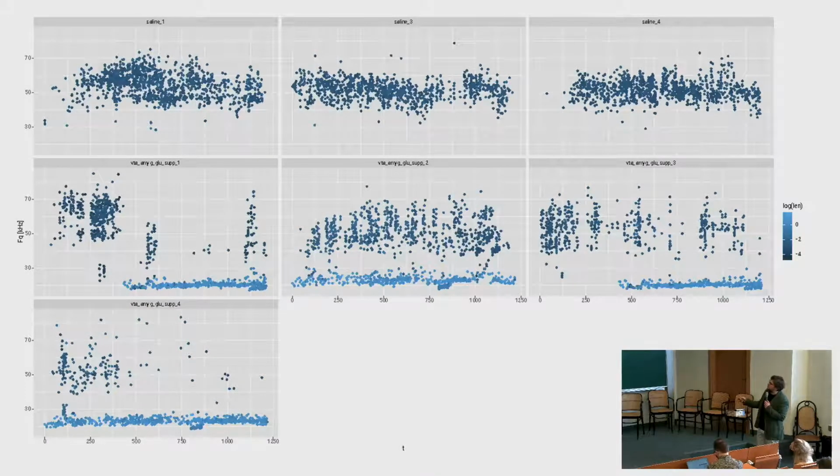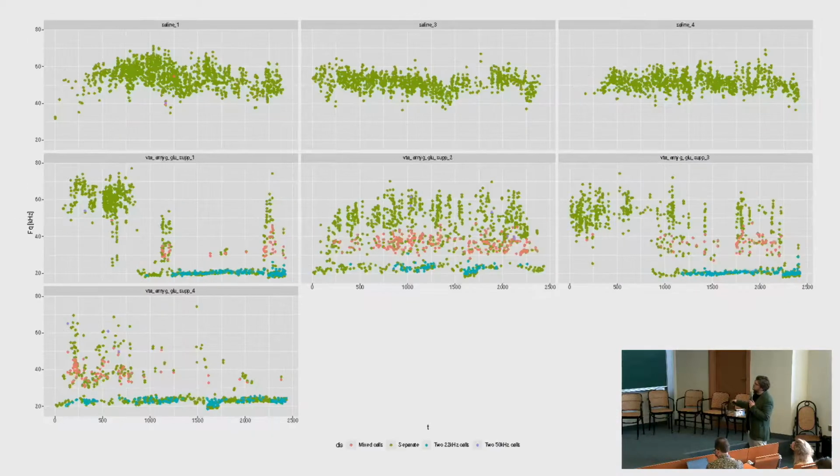To understand what was happening, we did the timeline. Here you've got the saline group, and here you've got those groups where we suppressed the glutamatergic neurotransmission. As you can see, in the beginning we've got 50 kilohertz, and then there are a lot of 22 kilohertz calls.